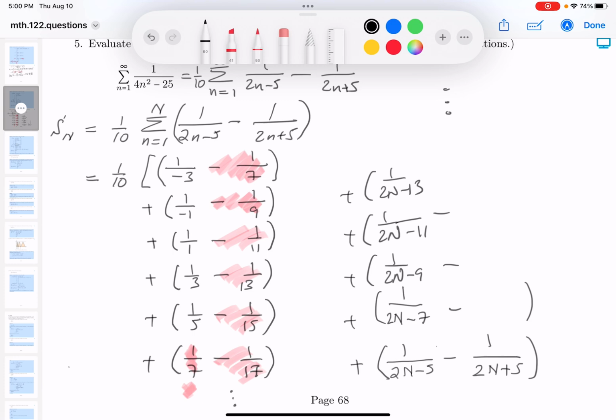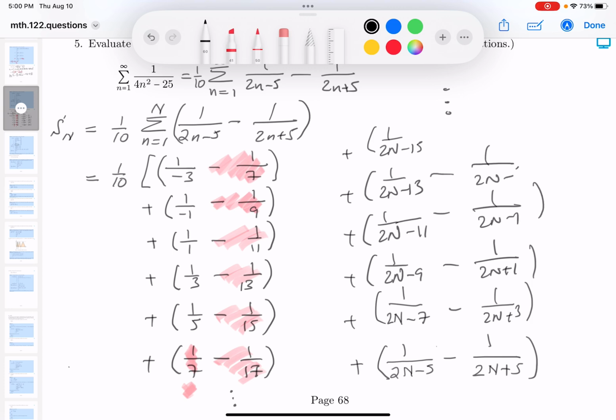Let me just go one more. And back by 2, minus 15, right? All right, let's do the other one. Back by 2. 2n plus 3. 2n plus 1. 2n minus 1. 2n minus 3. 2n minus 5.